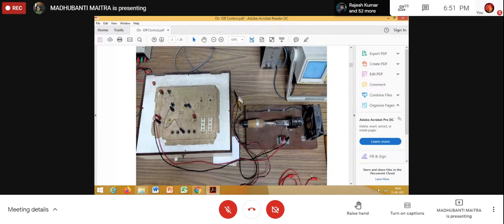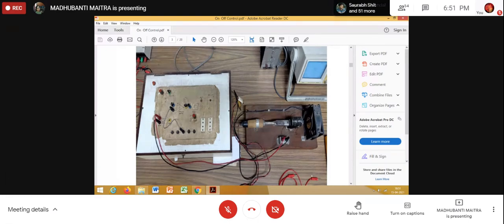And this is the soldering iron used as heater in this particular experiment. And this is a very small fan. Generally, we get this kind of fans in the system of a desktop computer. So we have used such a fan for cooling purpose of this plant, which is the aluminium block, right?